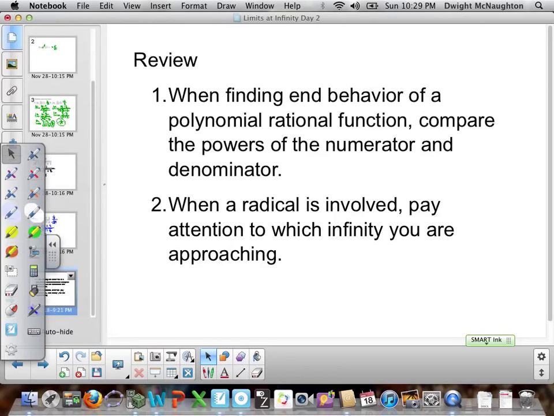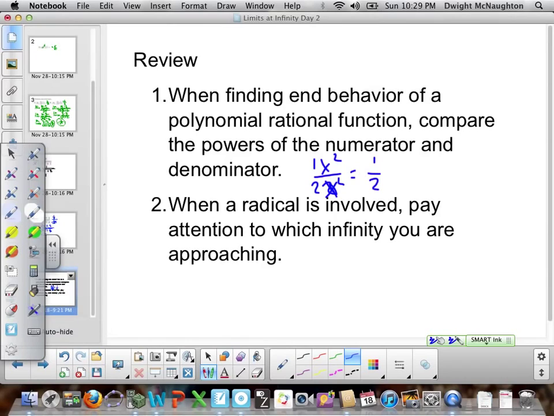So first, for a polynomial rational function, look at the powers. If they're equal, divide the coefficients. If the top is higher, it does not exist.